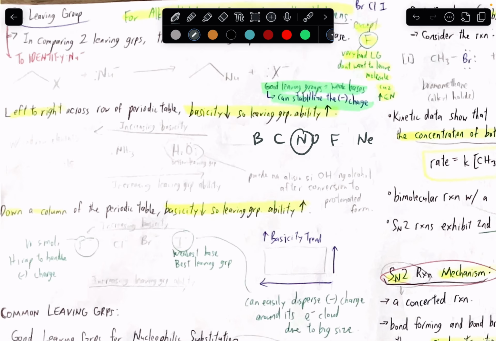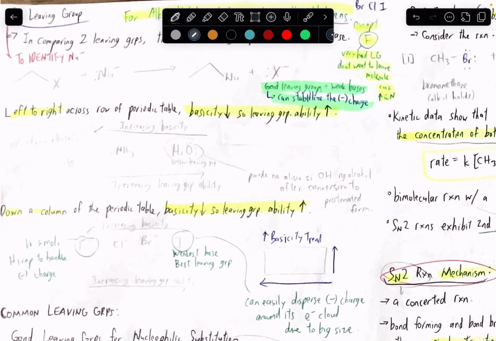Nitrogen is right here. Again, from left to right across the row of the periodic table, basicity decreases. So what's more basic is the nitrogen in comparison to the oxygen. Okay? So, yeah. At the same time, you'd say that nitrogen, being more basic, being a stronger base, oxygen is a better leaving group.